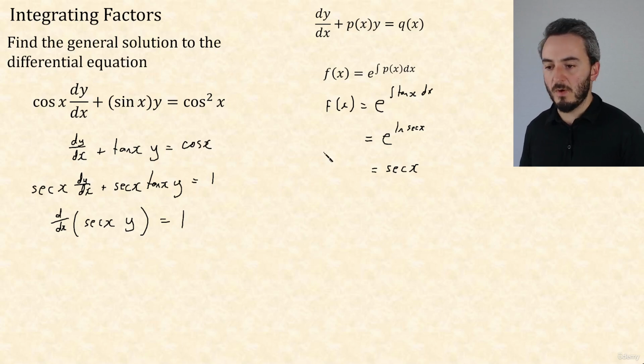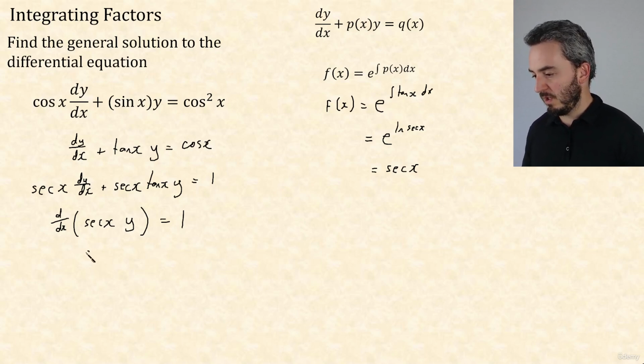And here's a good example of where you almost certainly wouldn't have spotted that multiplying through by sec was what you needed. In fact, there's a danger that you think you can do it in your head and think, oh, well, look, cos is the derivative of sine, and that ends up being wrong because you need this one to be the derivative of that, and it's not because it's not negative.